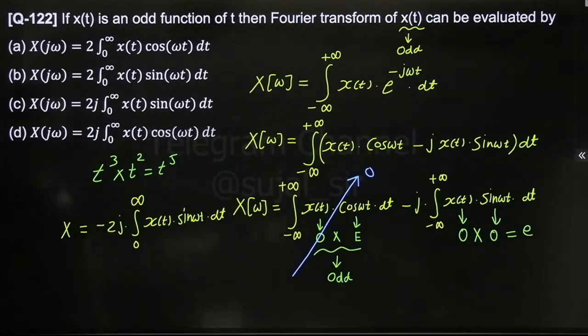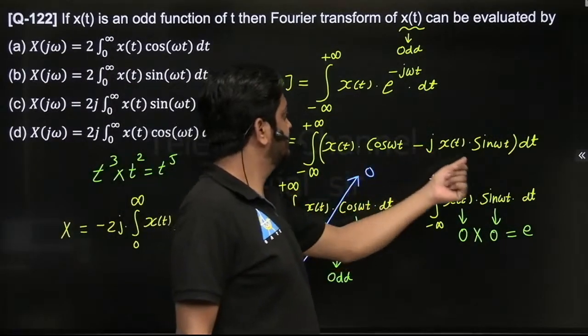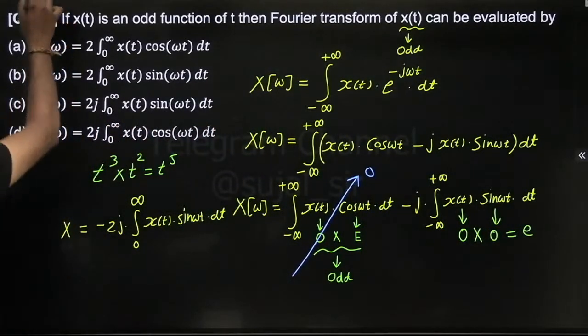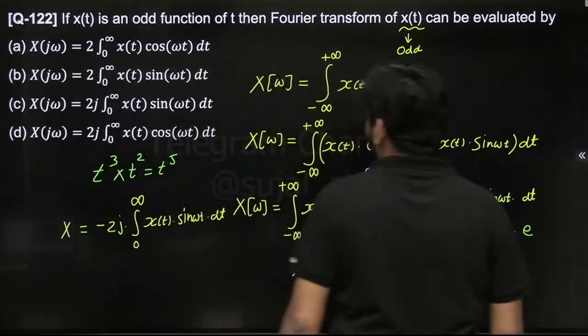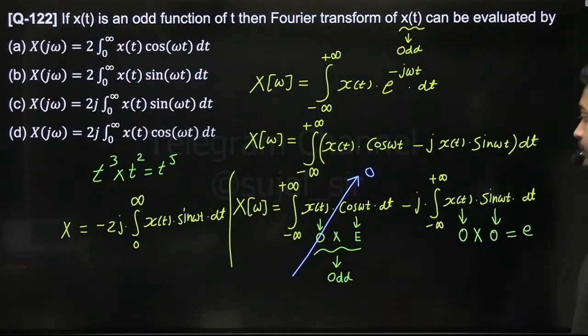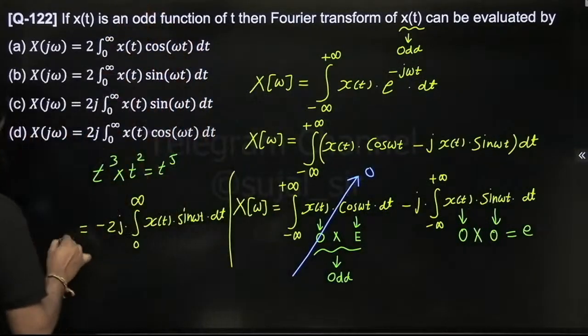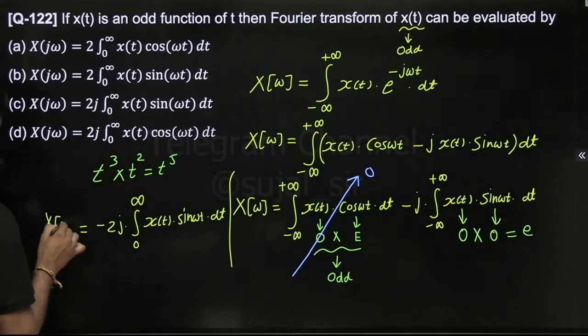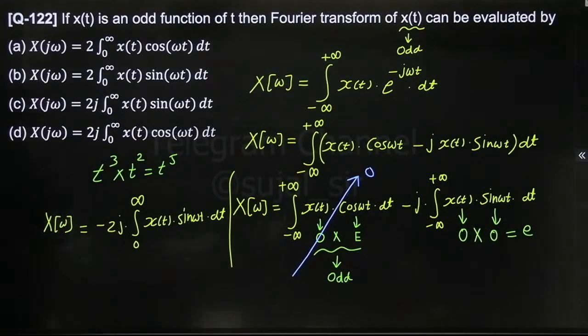Odd function. So cos omega t minus j sin omega t. Okay, so minus sign should be there, guys. Here x of omega is equal to minus sign should be there.